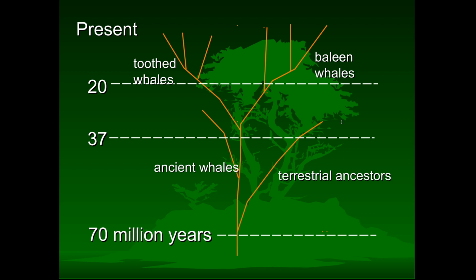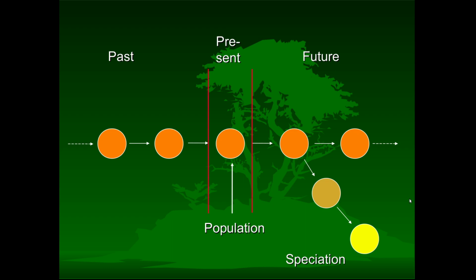So as soon as you have an evolutionary tree like this, all of a sudden it becomes complicated how you're going to name the different branches and different parts of different branches, since everything is changing as you go along the lineage.